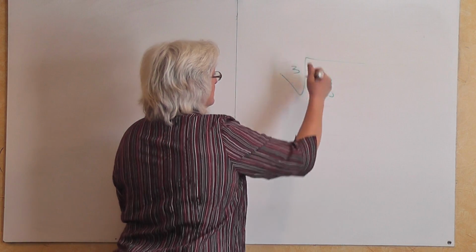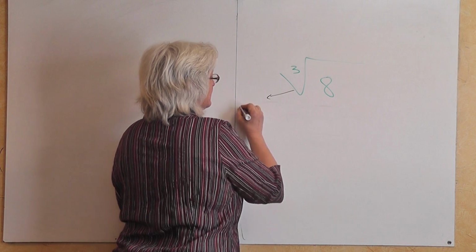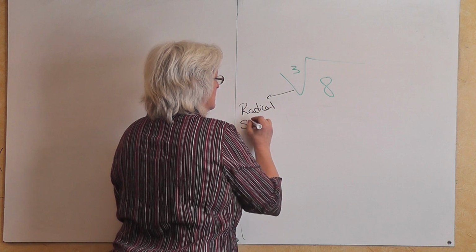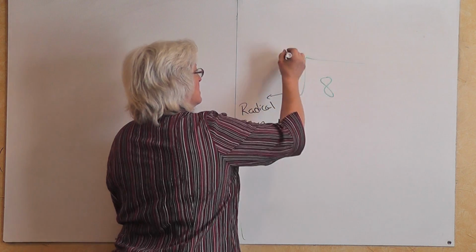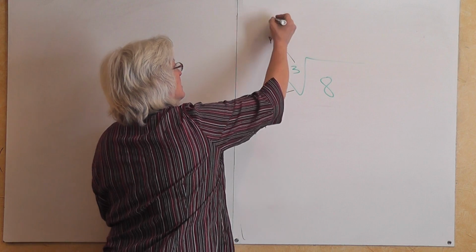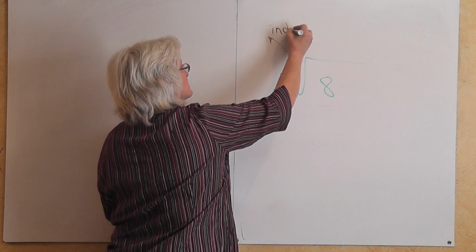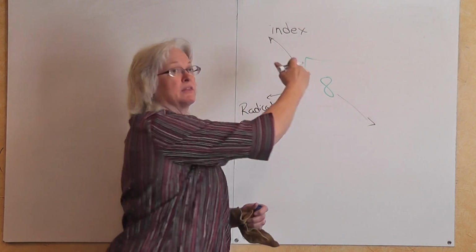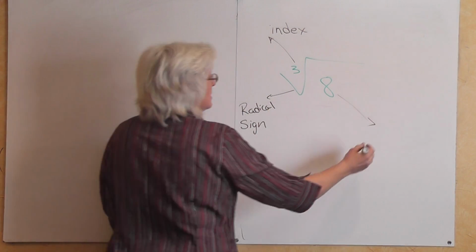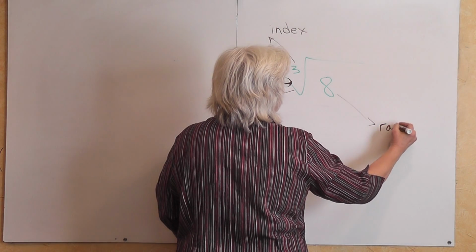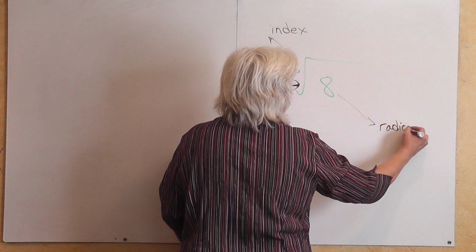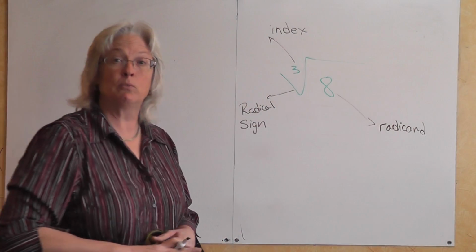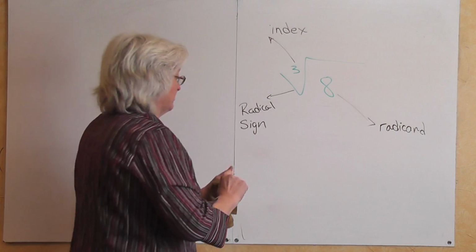This check mark thing itself, we just said, is the radical sign. This number here is what we call the index. The number that sits underneath that radical sign is called the radicand. And let's say we had the cube root of 8 squared.